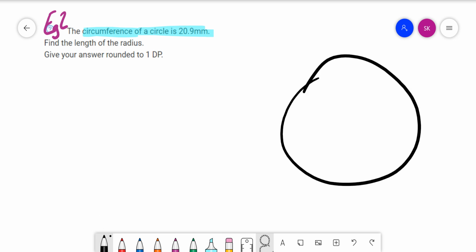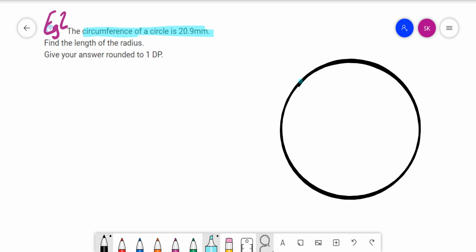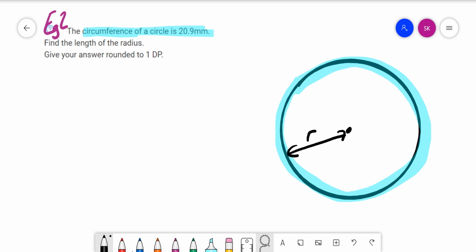So to be clear, the distance around the circle is 20.9 millimeters. And I have to find the length of the radius. That's not the diameter. However, our strategy is we're still going to find the diameter. So step 1, write out the formula. C equals pi times diameter.